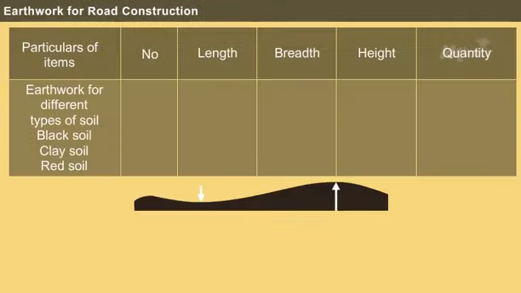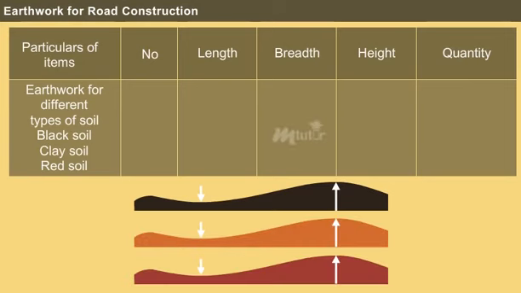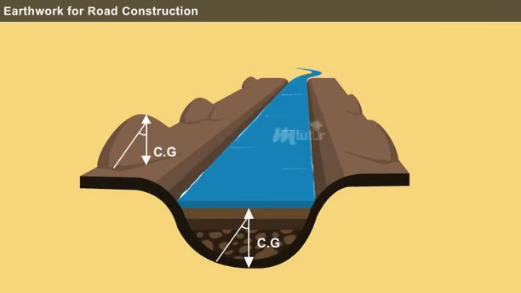The item of earthwork for different types of soil includes the excavation of up to 1.5 meter depth below the ground level and filling of the excavated material on the ground. In special conditions like overdumping of the soil on river banks, the lift level shall be the difference in the level between the center of gravity of the excavated earth and the top of the bank.